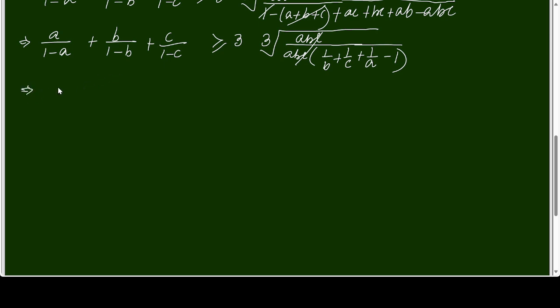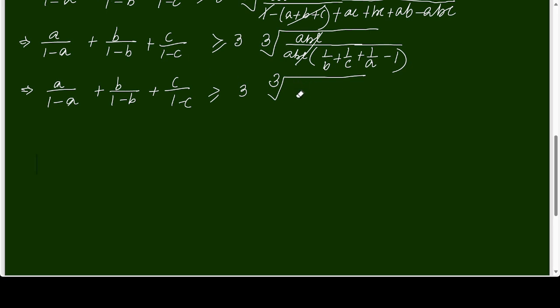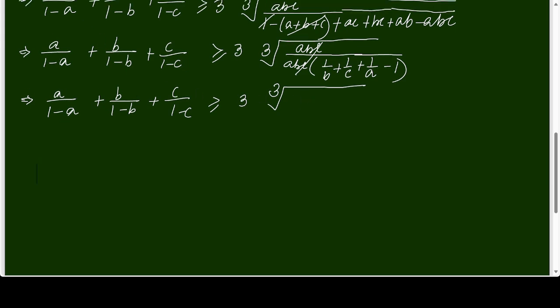So in the next step, we are getting a over 1 minus a plus b over 1 minus b plus c over 1 minus c is greater than or equal to 3 times the cube root of 1 over 1 by a plus 1 by b plus 1 by c minus 1.